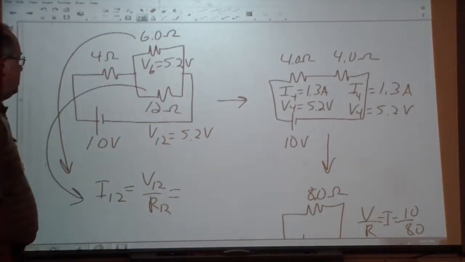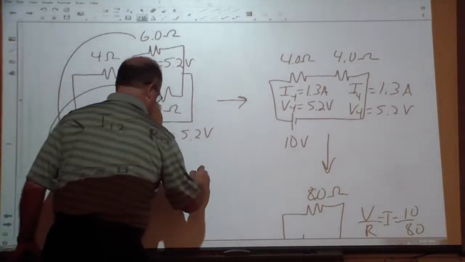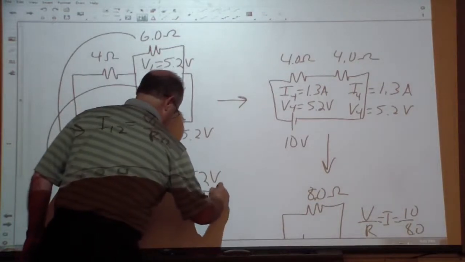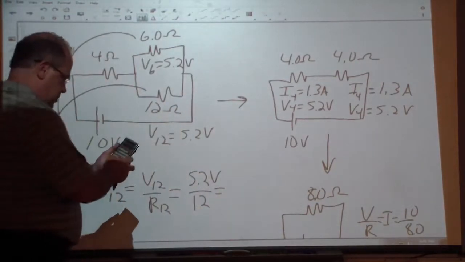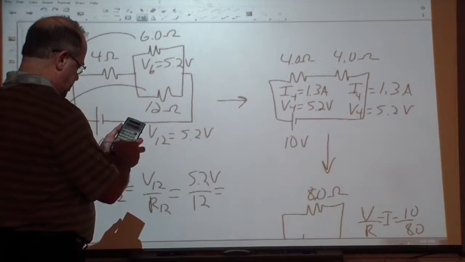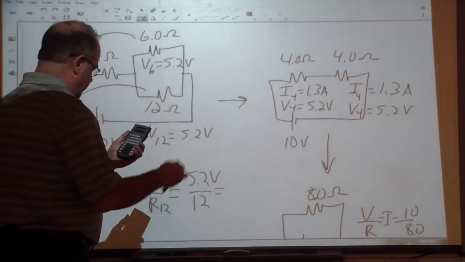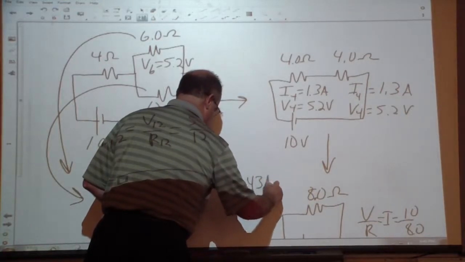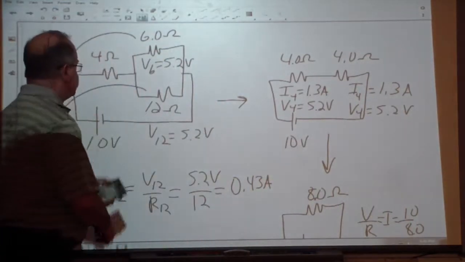It's still going to be 5.2 volts divided by 12. So 5.2 divided by 12 equals 0.43 amps. Okay. And we're done. That's got all of them.